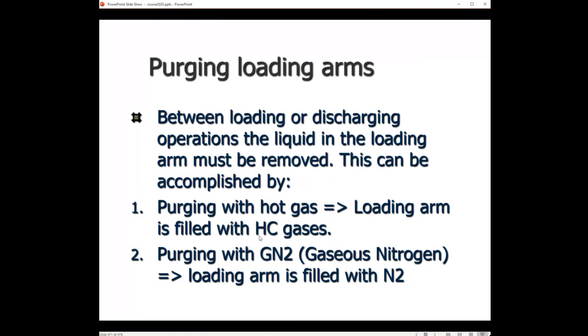When you warm up that part by, for example, simple seawater spraying over it, the pressure will increase, and of course, from time to time, we release the pressure to one side or the other. And then when everything has been evaporated in between the two ESD valves, you can purge that with N2, and then you can safely disconnect.